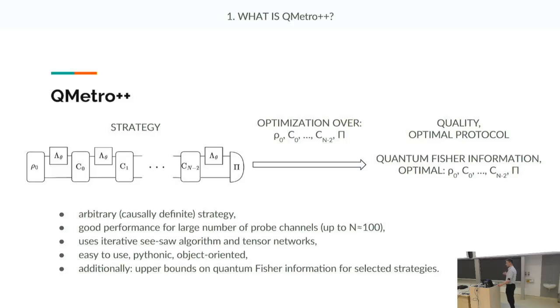It has good performance for a large number of channels. For example, we can go to n equal 100, which is much better than other solutions existing in the market. It is also, at least I hope, easy to use. I will try to convince you of this in a moment. And there are also some additional features, for example, functions that provide upper bounds on quantum Fisher information, which can help us in our computations.